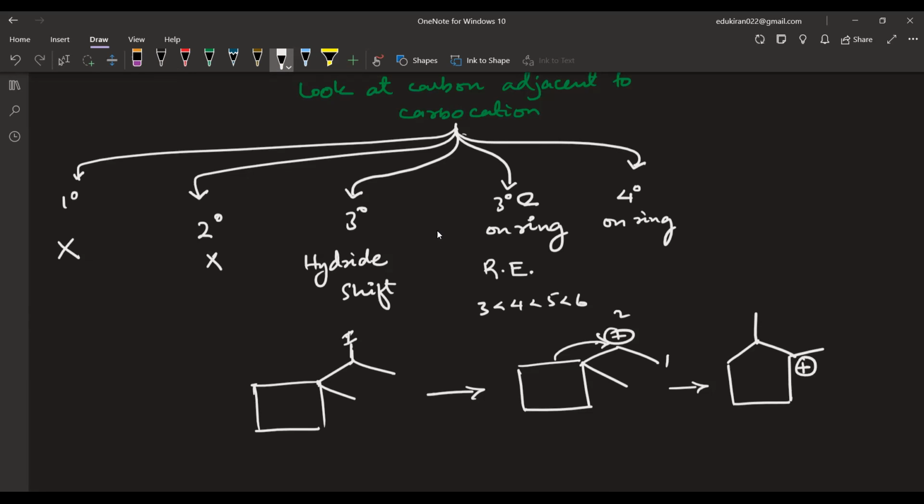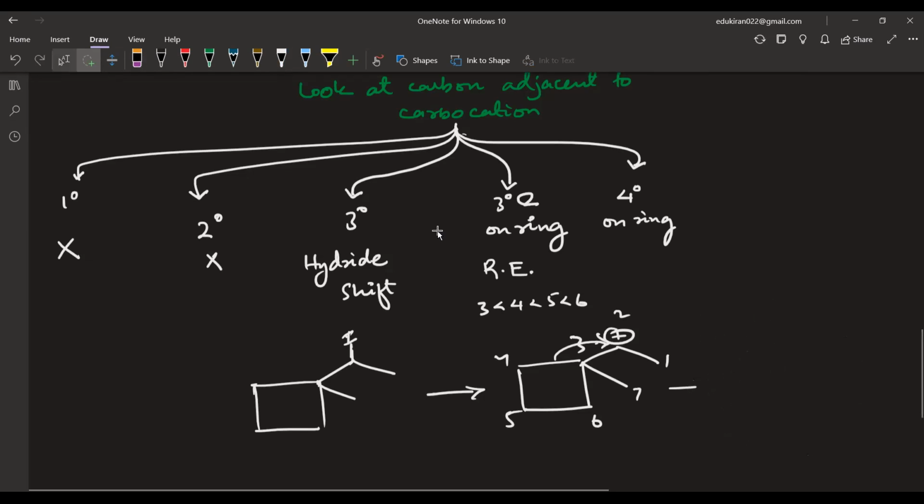1, 2, 3, 4, 5, 6. So it will be 7. So always a good idea to first map it.